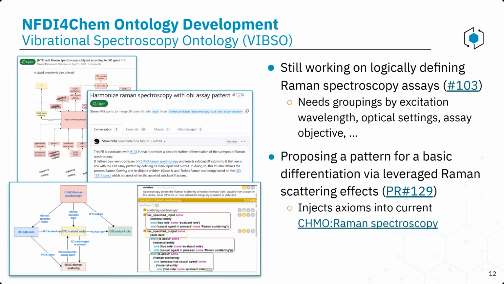For instance, to be able to group them according to parameters like the excitation wavelength that was used. So we usually have something like a grouping for ultraviolet Raman spectroscopies, or when it comes to the leveraged, respectively implemented Raman effect, like Stokes or anti-Stokes, or grouping by optical pathway settings, like confocal Raman spectroscopy.